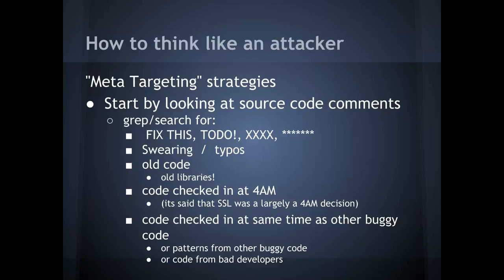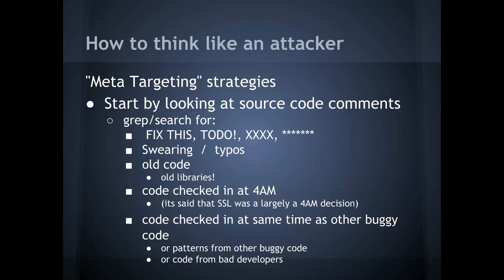But we'll see later in the semester when we discuss web security and SSL, Moxie Marlinspike interviewed one of the lead designers of SSL, and he said it was largely a 4 a.m. decision, which is pretty funny.